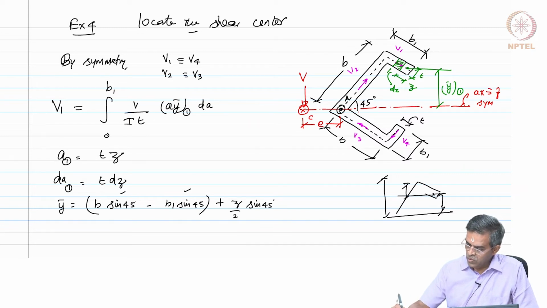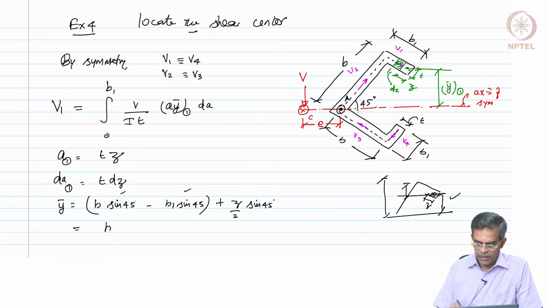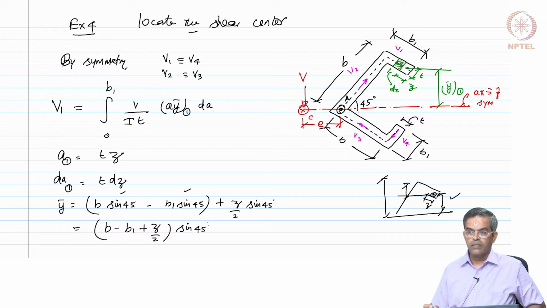Then if you do, this is Z, Z by 2 will give to the center, you get this value. So, which will be B minus B1 plus Z by 2 of sin 45, which is y bar.